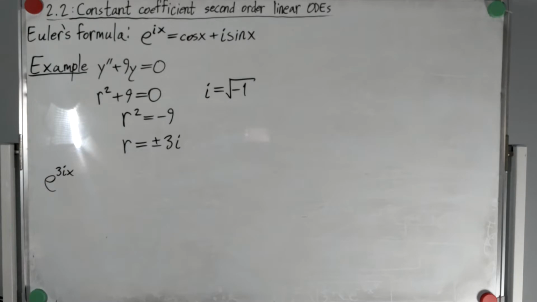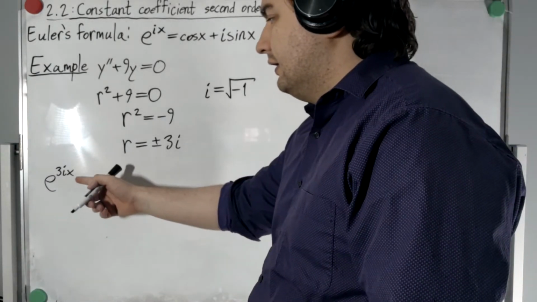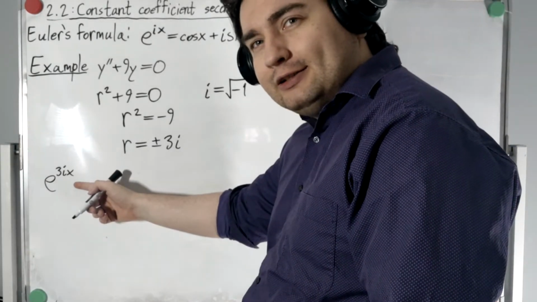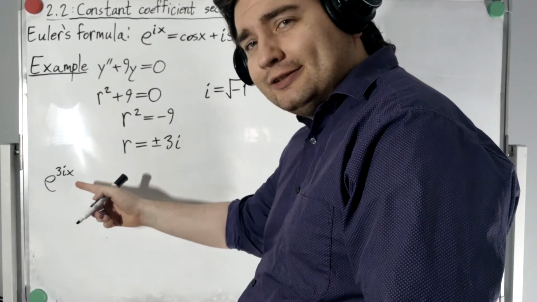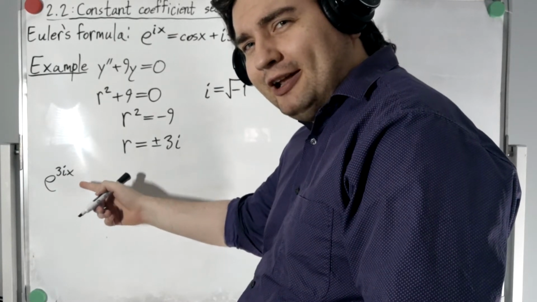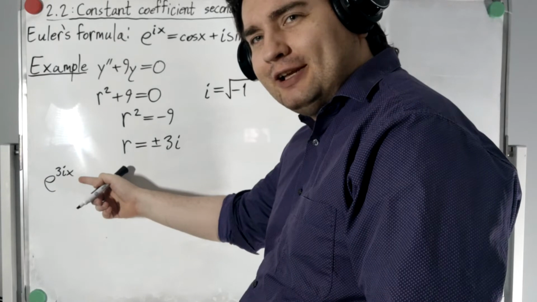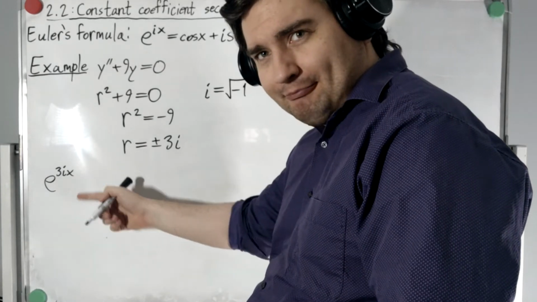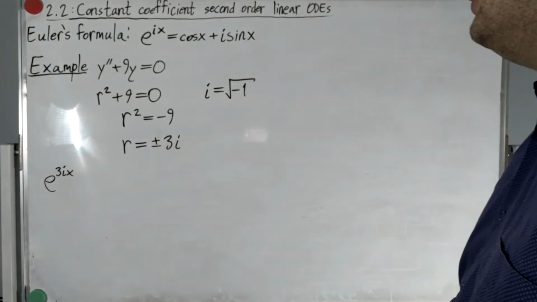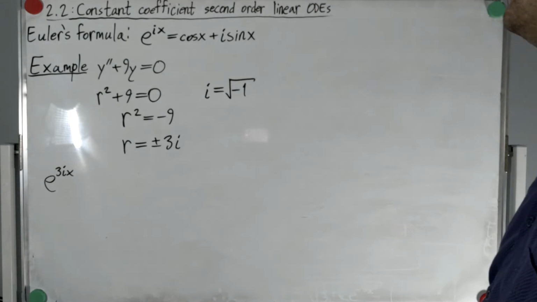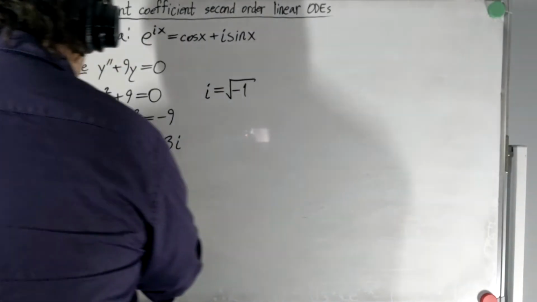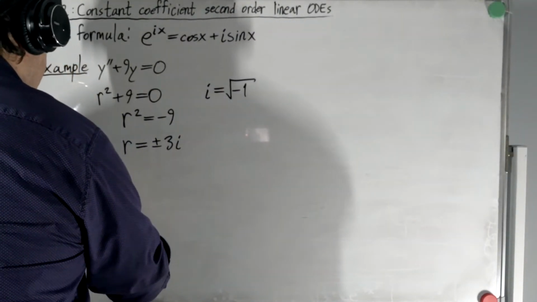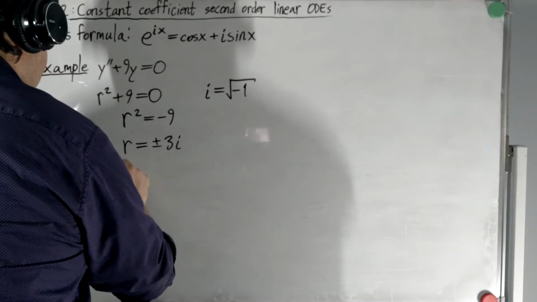So this thing right here, what exactly is it? It's not easy to understand what exactly this function does. So in order to understand what it does, we need to rewrite it. This is e to the i times 3x.